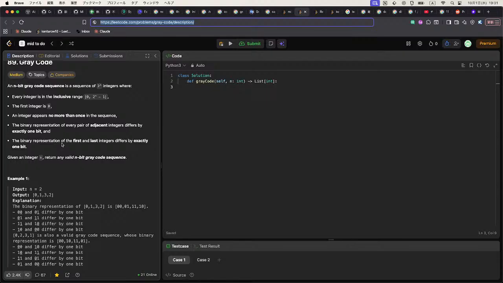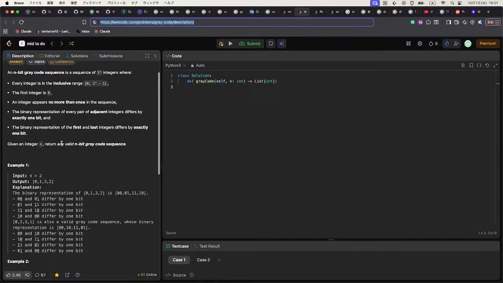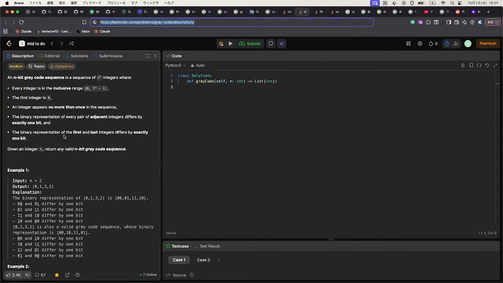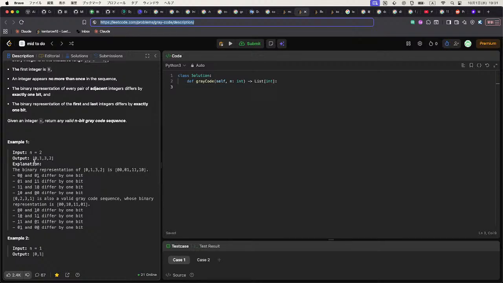definition of n-bit gray code sequence, and the key thing is the binary representation differs by exactly 1 bit. So for example, we should take a look at every pair: 0 1, 1 3, 3 2, and 2 0.